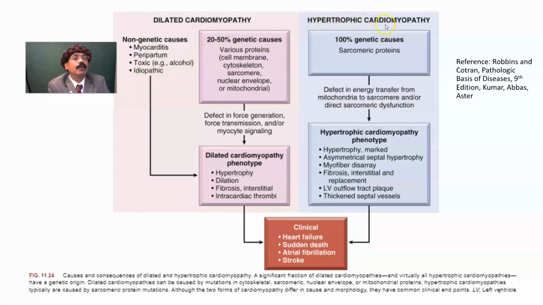Okay, if you go to the hypertrophic cardiomyopathy, 100% of causes are genetic. There will be sarcomeric protein disturbances. Hypertrophy is marked. Hypertrophic cardiomyopathy shows asymmetric septal hypertrophy, that means asymmetric interventricular septal hypertrophy.